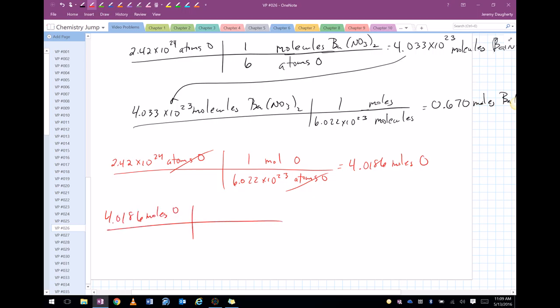So I want to replace oxygen with barium nitrate, BaNO3 2, and get rid of oxygen. As it turns out, for every 1 barium nitrate, there are 6 oxygens. So I'm going to take that value, divide by 6, and I get a value of 0.670 moles of barium nitrate. So same problem, two different ways to do it. There you have it.